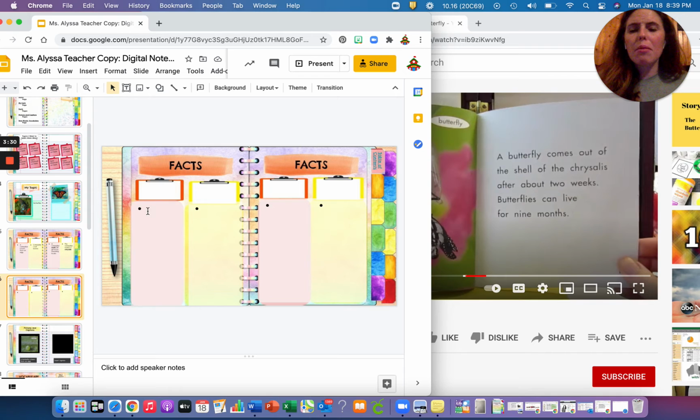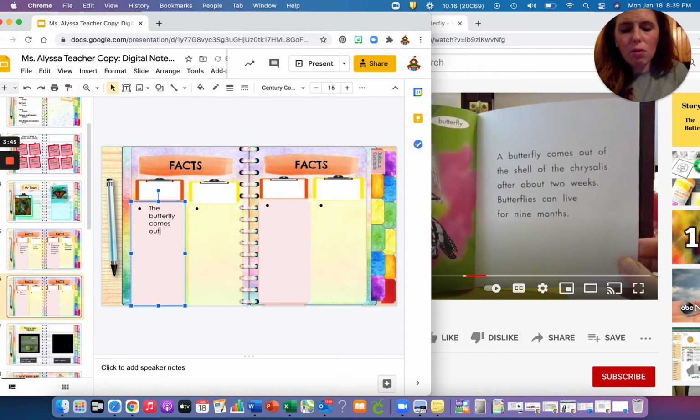But for now, I'm going to type right into this box, and I want to say the butterfly comes out after 2 weeks, right? Similar to what they said in the book, but I still used my own words.